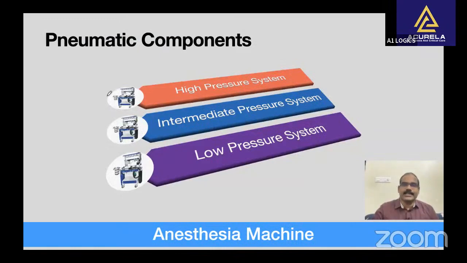For easy understanding, why don't we start with the basic Boyle's machine, which has only pneumatic components, which are categorized as high, intermediate and low pressure systems.